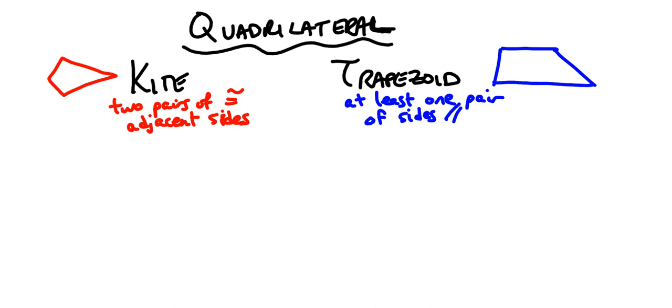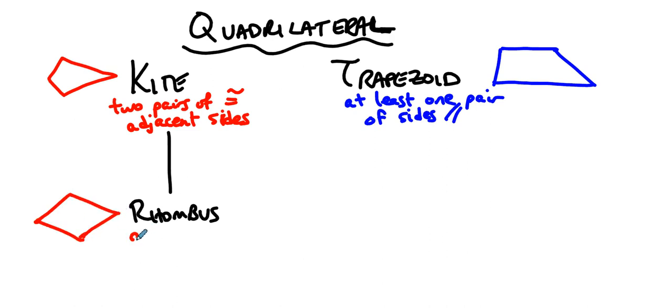Well, where do things go from there? Well, you could be a special kite. That's the specialist kind of kite there is, where not only are these congruent and those congruent, but these are congruent. And in that case, you've got a rhombus where all the sides are congruent. Can't get much more special than that if you're a kite.